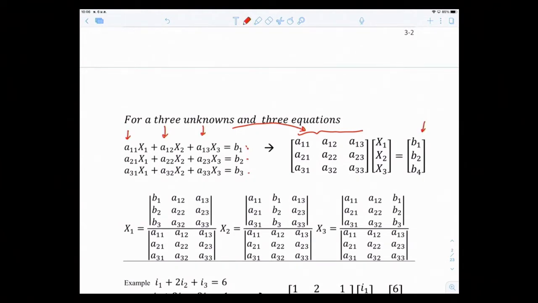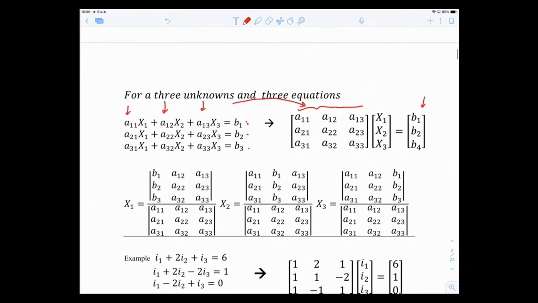To find x1, x2, x3, for x1 you replace column 1 with b1, b2, b3, for x2 you replace column 2 with b1, b2, b3, and for x3 you replace column 3 with b1, b2, b3, sorry, it should be 3 right here, a mistake. Then you find the so-called determinant.